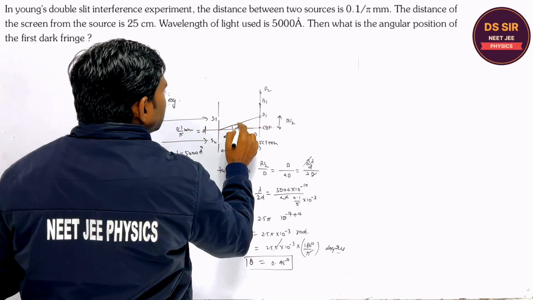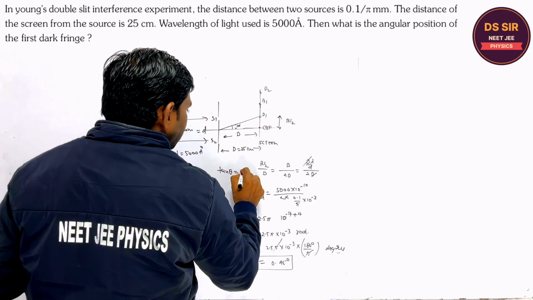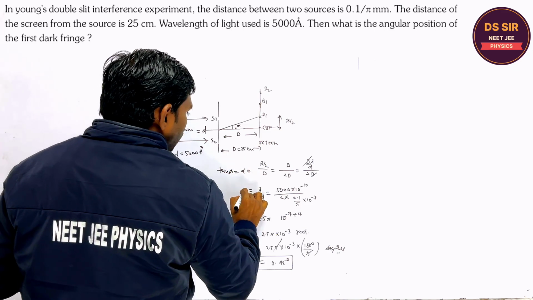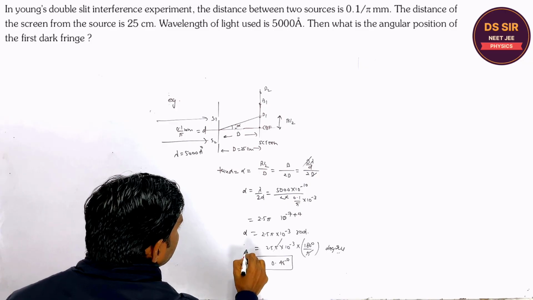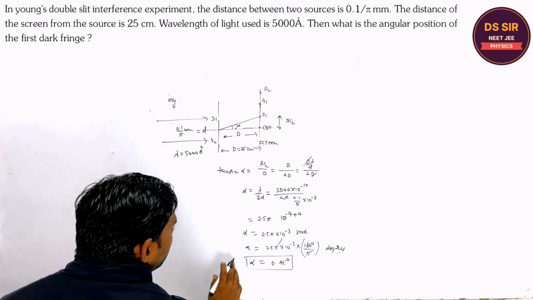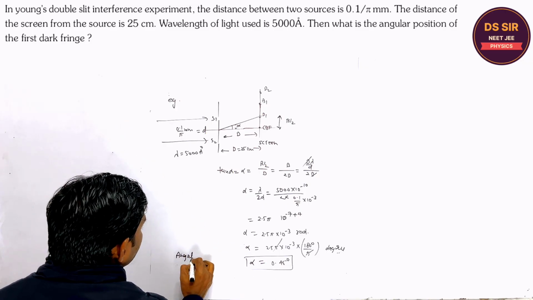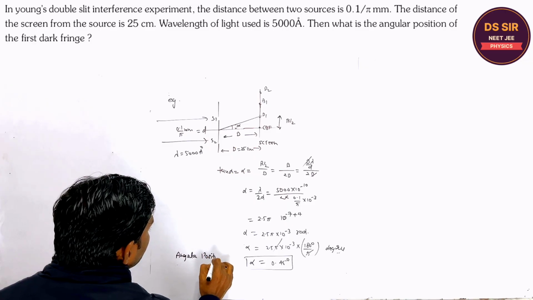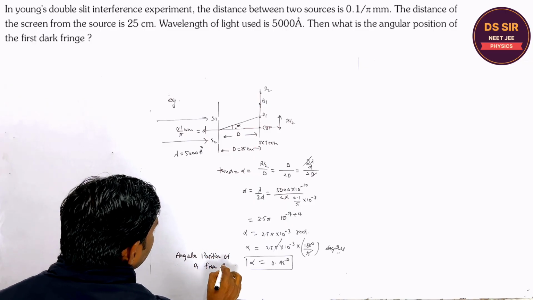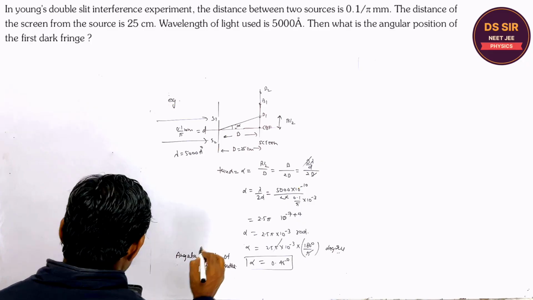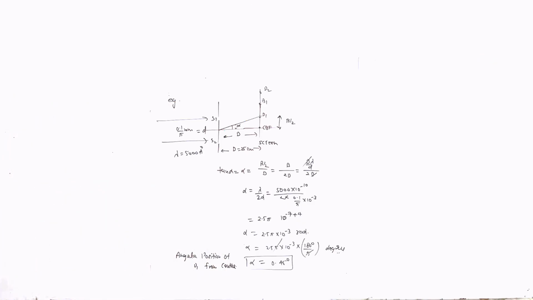You may write this as alpha because you may confuse it with the fringe width. That is the thing. So alpha is the angular position of D1 from center, right? Copy this.